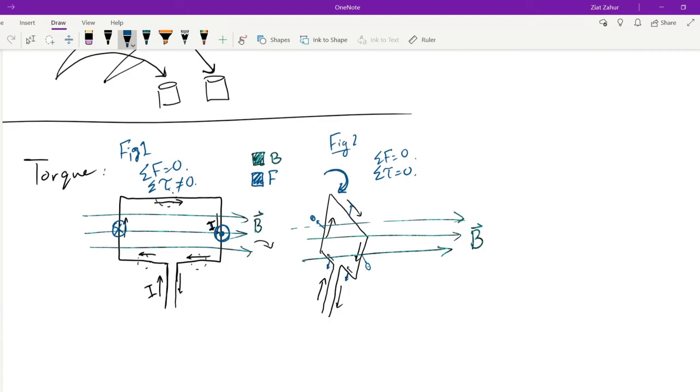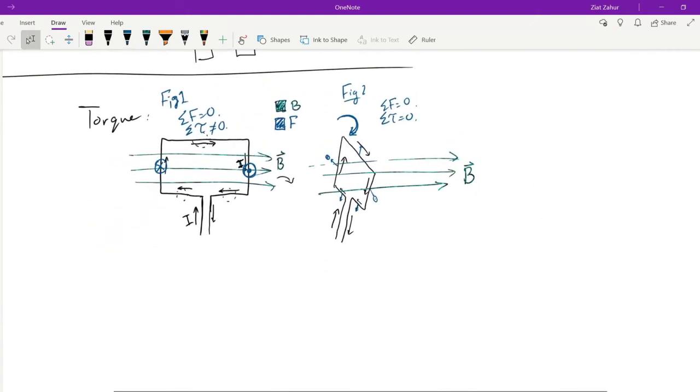All right, so let's do some equations. We got total torque is equal to tau 1 plus tau 2. Okay. Tau 1, actually I'll just write it in, this is pretty sloppy, sorry.